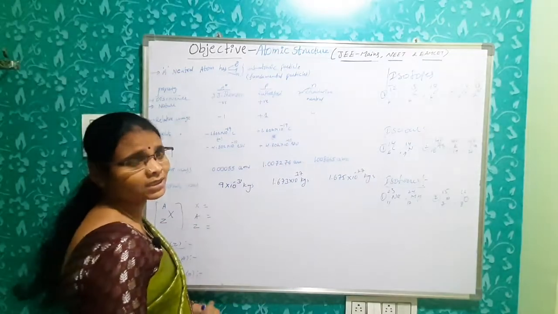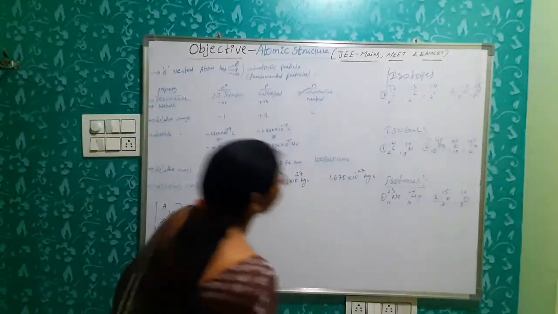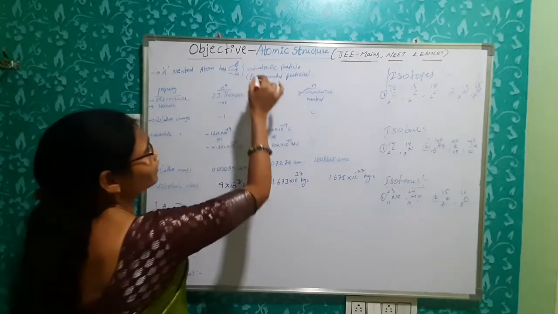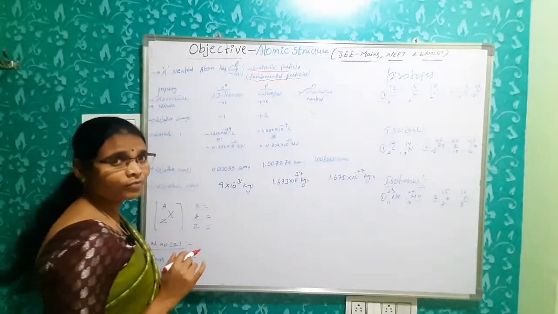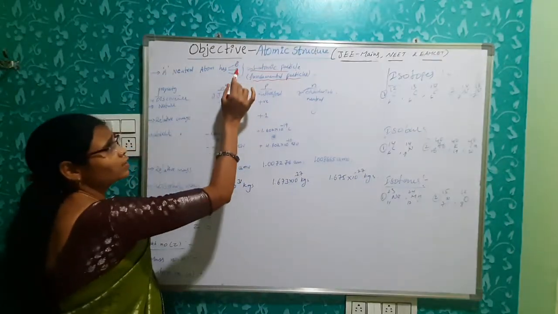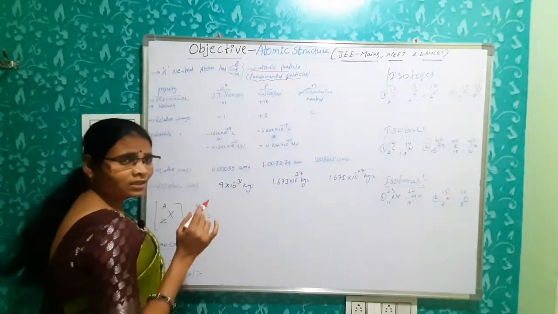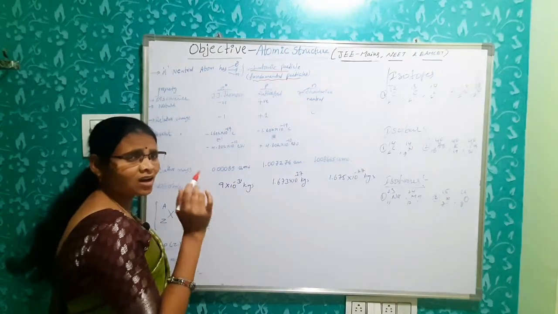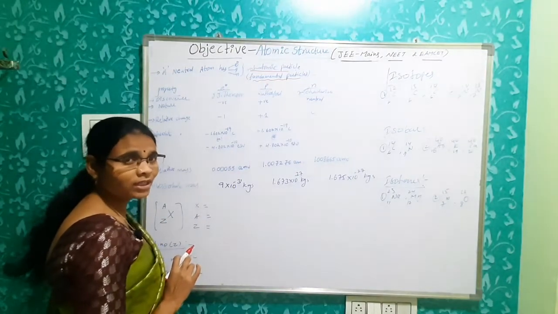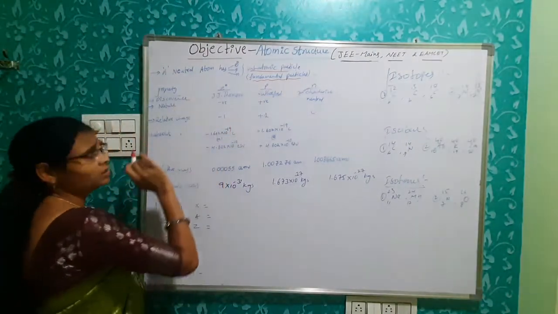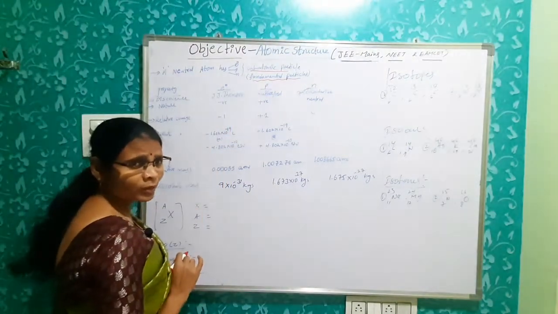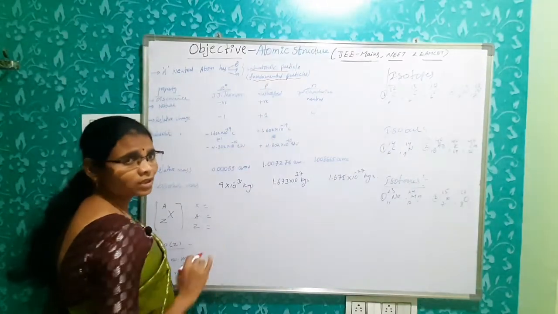The subatomic particles are also called fundamental particles because electrons, protons, and neutrons are the main constituents in all atoms. That's why they are called fundamental particles. Let's see some important properties of electrons, protons, and neutrons.